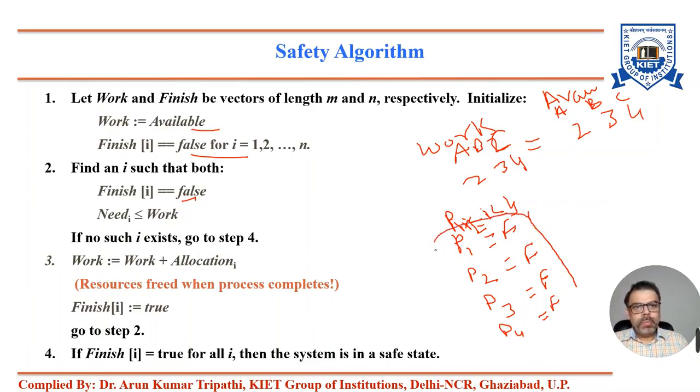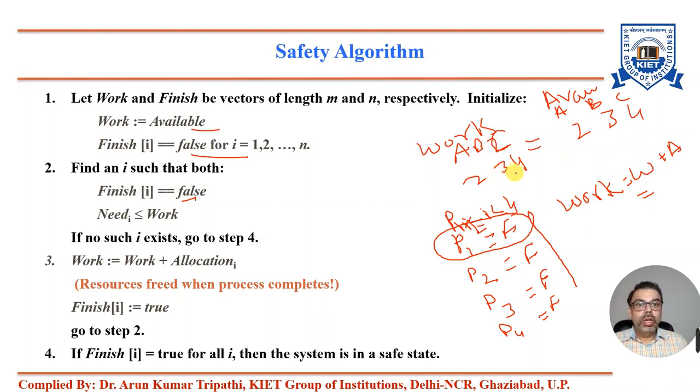Yes, suppose that process P1 has the status false. I will check whether the required need is less than Work, meaning less than Available. If yes, then in that case Work is equal to Work plus Allocation. What is Work?